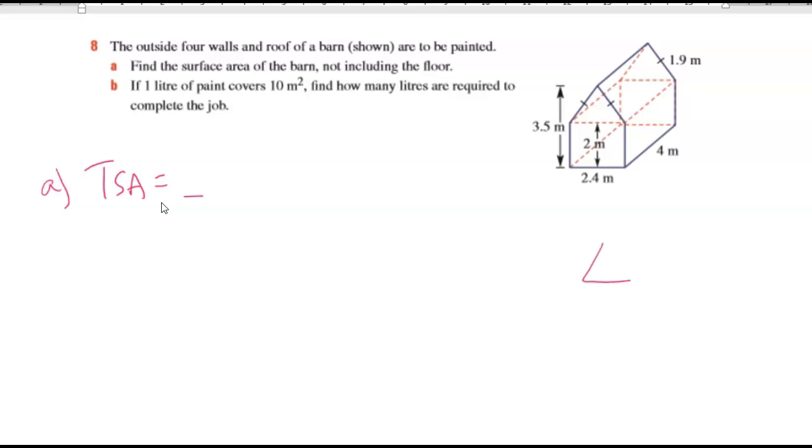So we've got 2 of them. So we've got 1 triangle plus another triangle. Then we've got the 2 rectangles at either end. Just going to write the base of that triangle is 2.4 and its height, this is tricky. The height of the whole barn is 3.5, so that means the height of this is going to be 1.5.